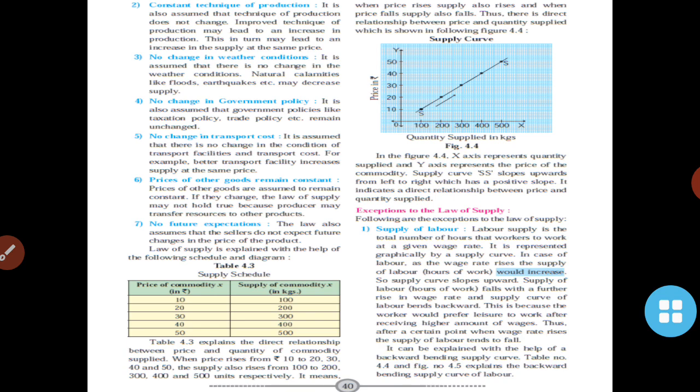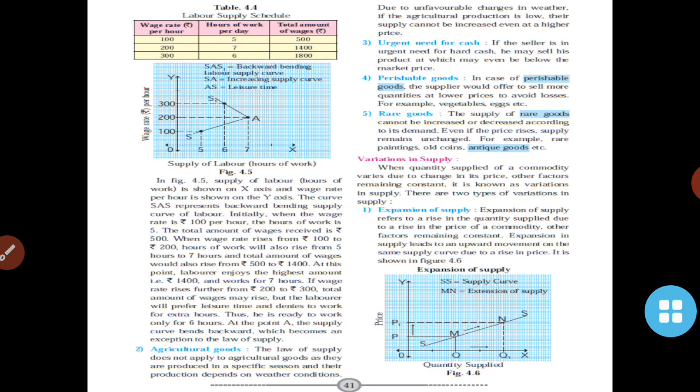Table number 4.4 and figure number 4.5 explain the backward bending supply curve of labor. Here it says if the price is going up, the working hours are going up, then the labor's work also depends on the price level of production, because they have to be paid on that.